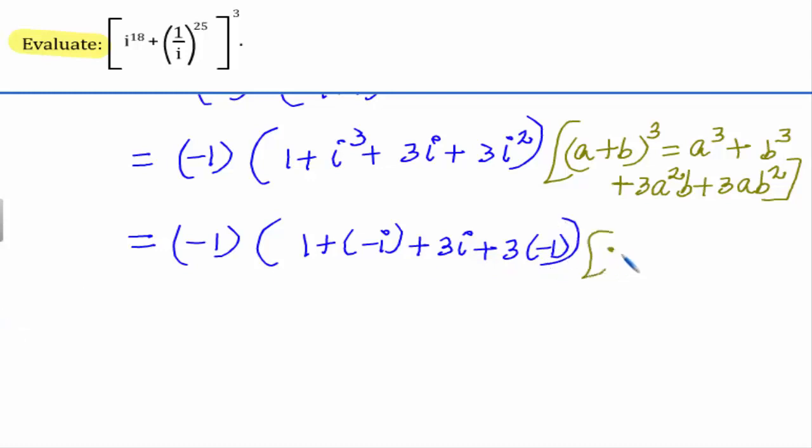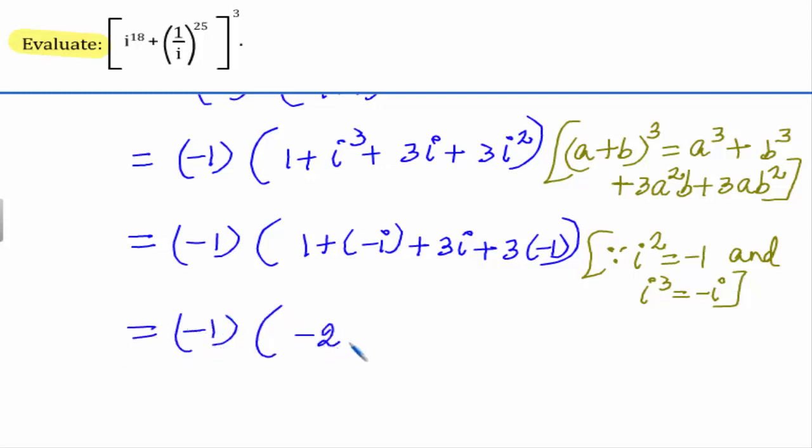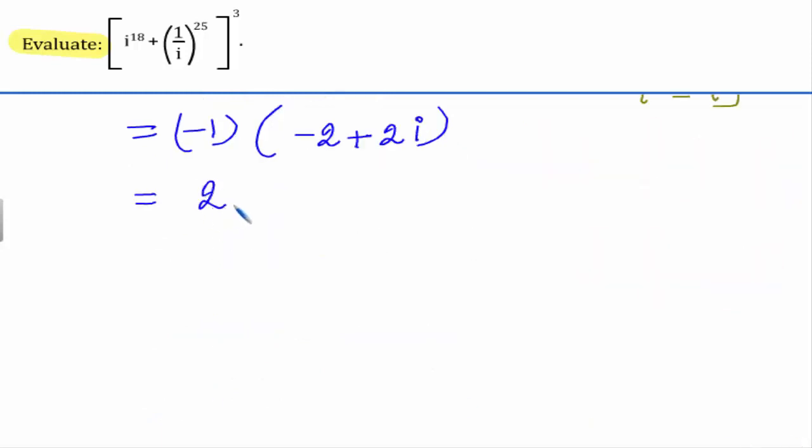Since we know that i square is equal to minus 1 and i cube is equal to minus i, this will be equal to minus 1 multiplied by minus 2 plus 2i. If we multiply minus 2 plus 2i by minus 1, we get 2 minus 2i.